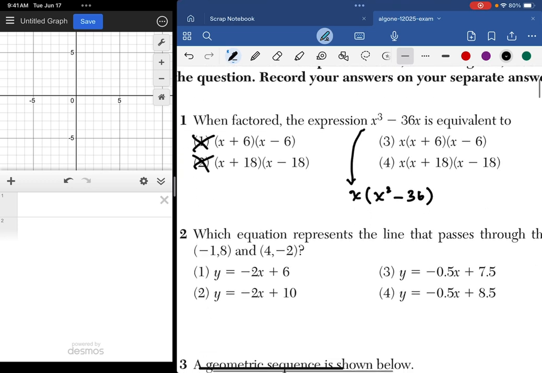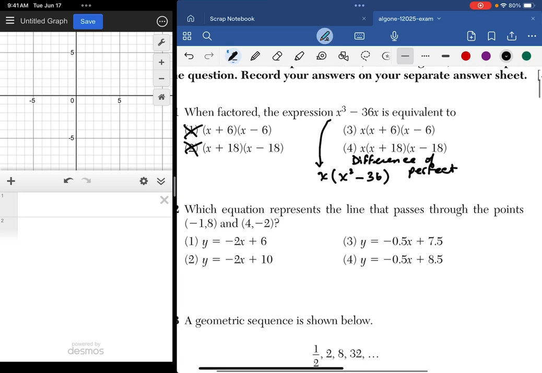Right. Then we look at this. This is a difference of perfect squares. All right, so I can factor that. 2 binomials. I'm going to bring that x in front. All right, we take the square root of the first term. That goes here and here.